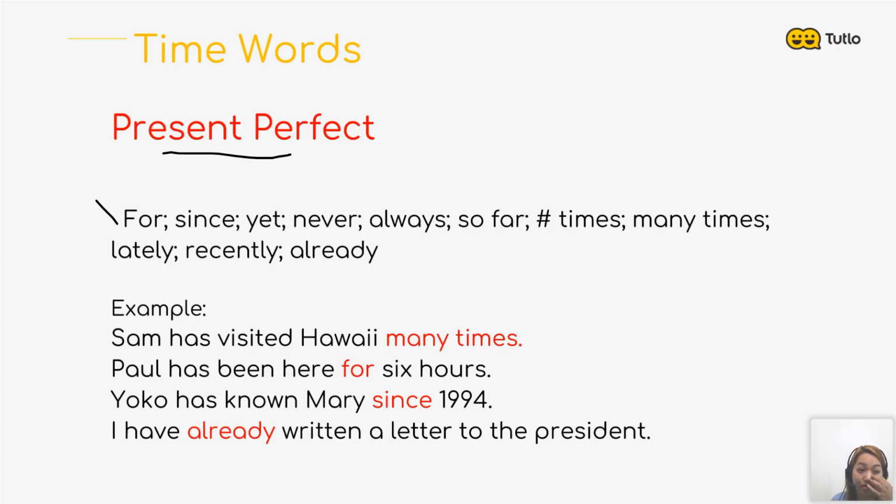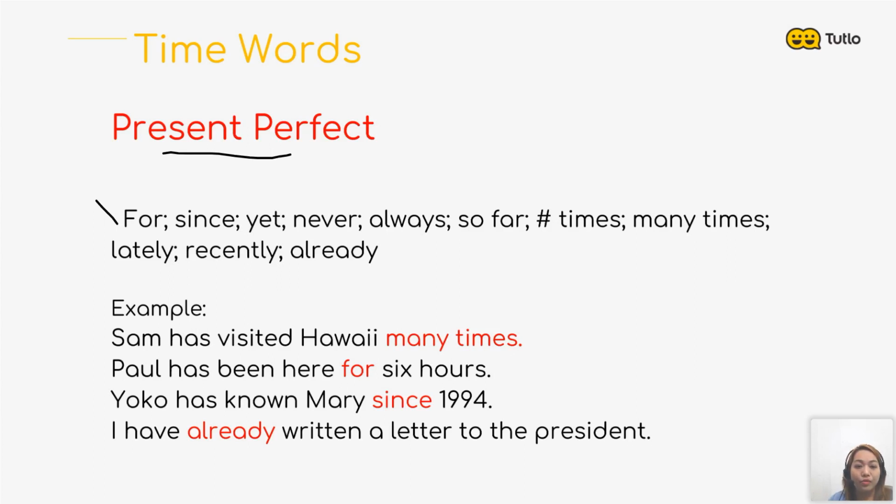Yes, as you can see over there. So far, the number of times, many times, lately, recently, already. The present perfect tense refers to an action or state that either occurred at an indefinite time in the past or began in the past and continued to the present time, if you remember.